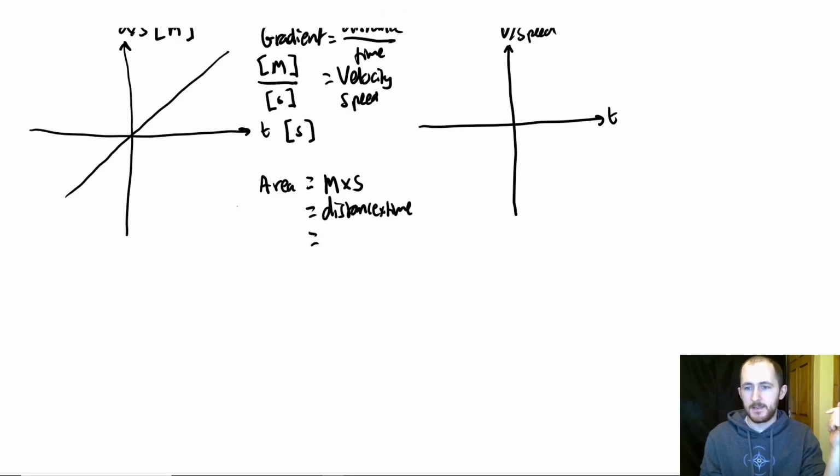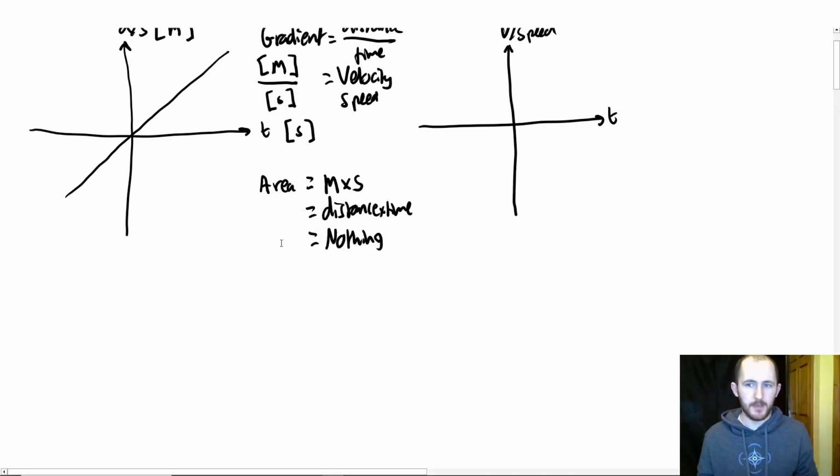No. So basically, the area equals nothing. When I say nothing, I don't mean it literally equals nothing. I mean that it equals nothing that's important. Now, meters seconds is actually the unit for moments, but in this case we're not talking about moments or force or anything like that. Sorry, it can also be impulse and things like that. But again, this doesn't equal anything that we care about.